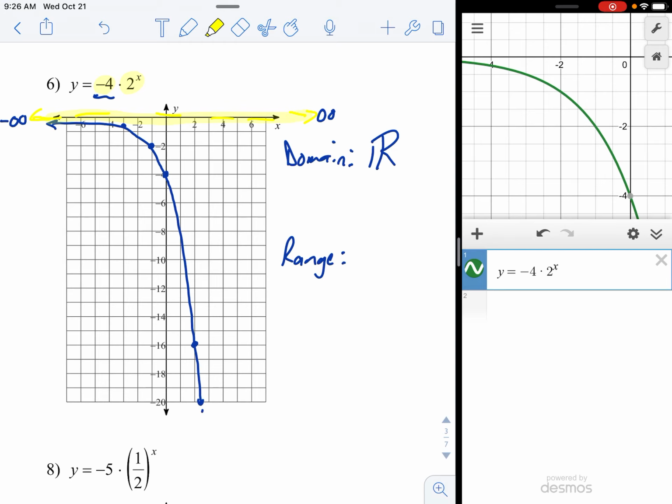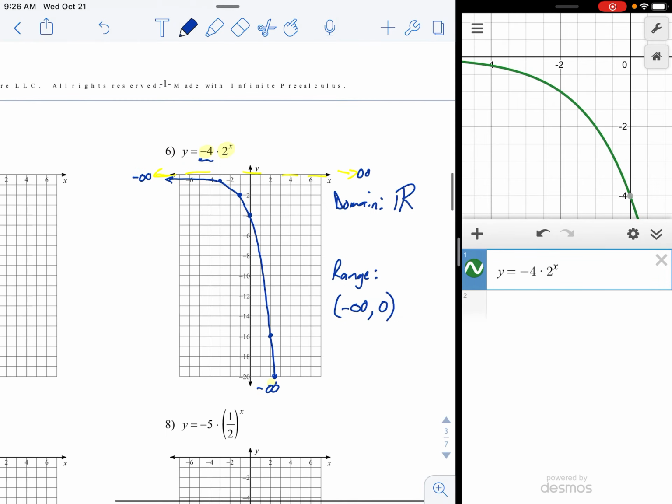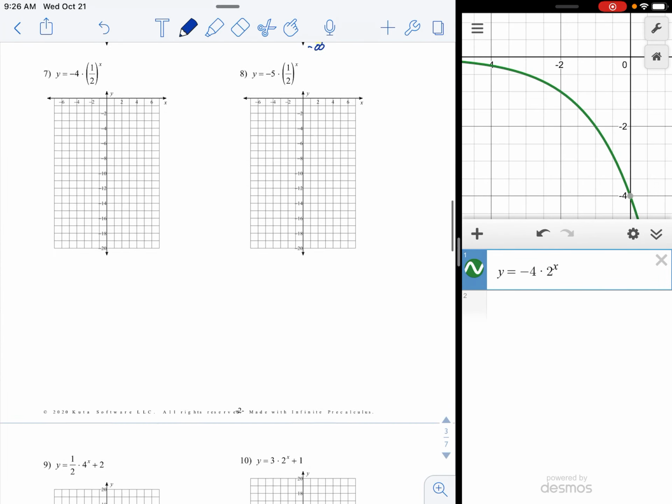The lowest value that it reaches goes on forever, negative infinity. So our range goes from negative infinity, always start with the lowest number first, up to 0. 0 is like the ceiling, but it never touches 0, so you put a parenthesis on it. So that's what the graph for number 6 should look like.